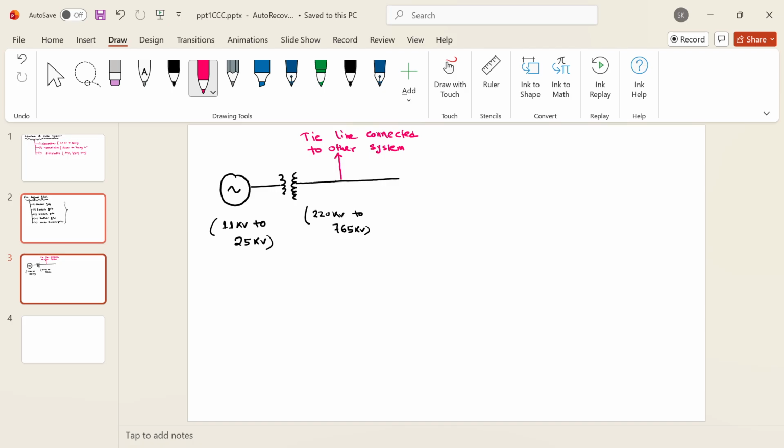Because they are interconnected, they give lots of benefits for us, but I can discuss all of these things later. As of now, let's focus on the single line diagram and how we get electricity from generation to the load center. So this is the transmission level. So it is your transmission.